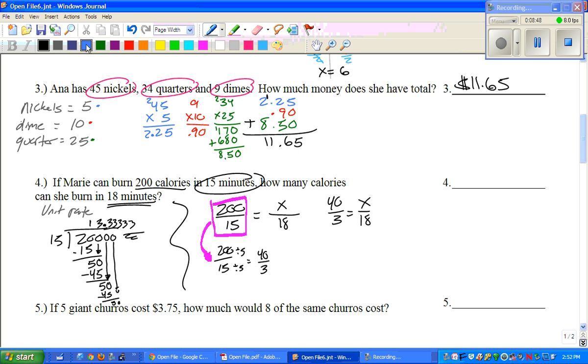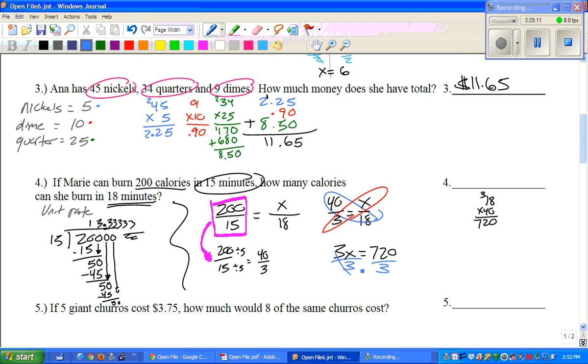Let's go ahead and cross multiply. 3x equals, off to the side, 18 times 40, 4 times 0, 720.